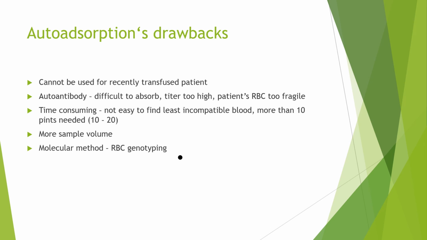Sometimes more than 10 pints of blood needed to perform cross-match, and it is not guaranteed to find the suitable one. This technique also requires high volume of sample, and therefore nowadays molecular method came into picture in resolving warm AIHA cases, especially the difficult one. Only referral lab has the technique, so the small lab like us could not afford to have this advanced technology because of the low workload of AIHA patient.